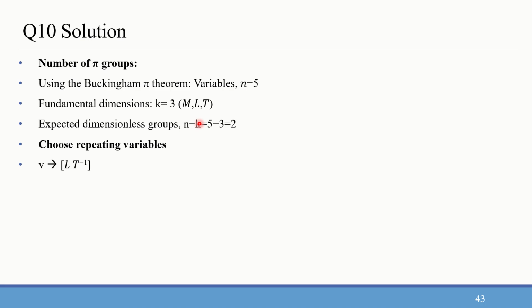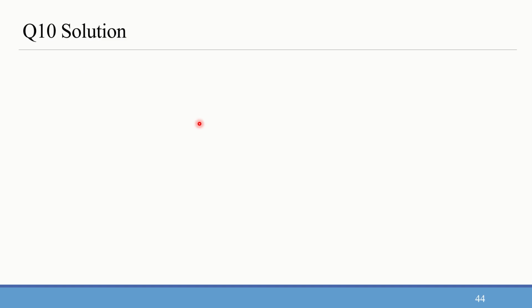So the repeating variables we choose are v, which is L t minus 1, rho, which is M L minus 3, and d, which is L. The non-repeating variables are obviously F and mu.